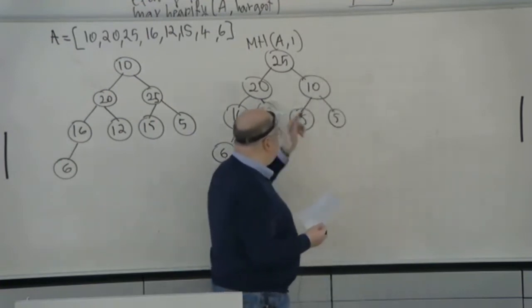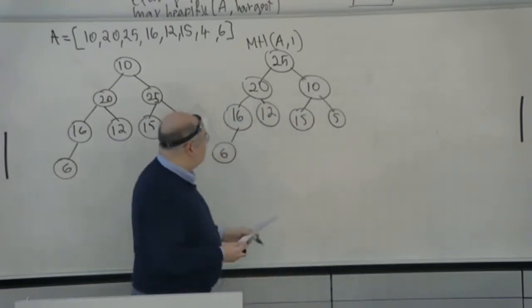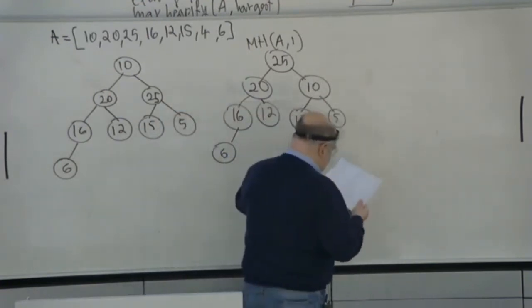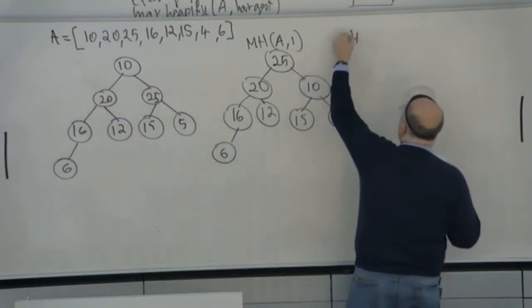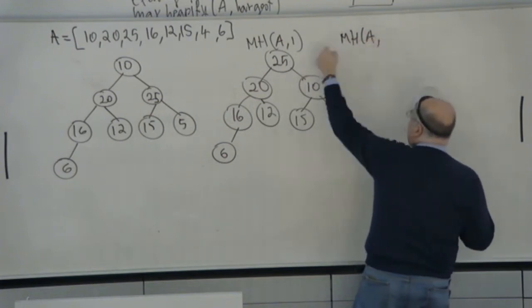And of course, we need to maxify this, and this is done by simply swapping 15 and 10. So the next step would be a call for maxify A.